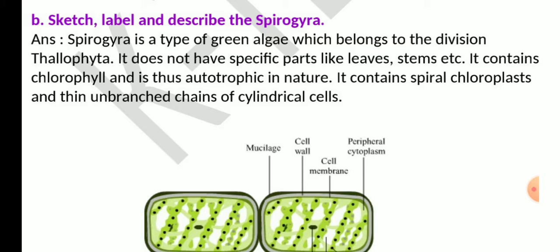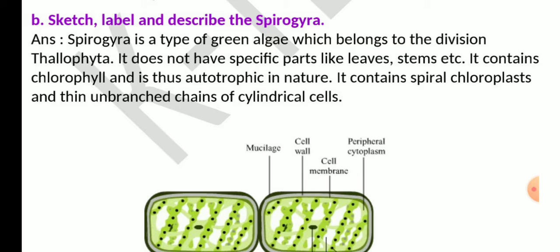Answer. Spirogyra is a type of green algae which belongs to the division Thallophyta. Okay, so it does not have specific parts like leaves, stems, etc. It contains chlorophyll and thus autotrophic in nature, right?